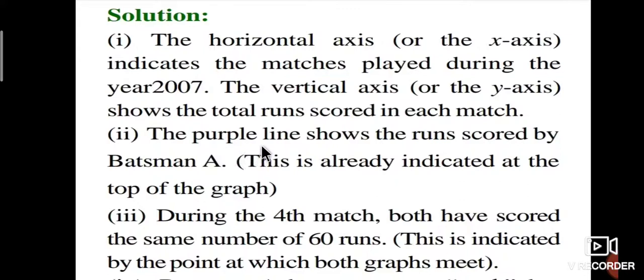The purple line shows the runs scored by batsman A. This is already indicated at the top of the graph.